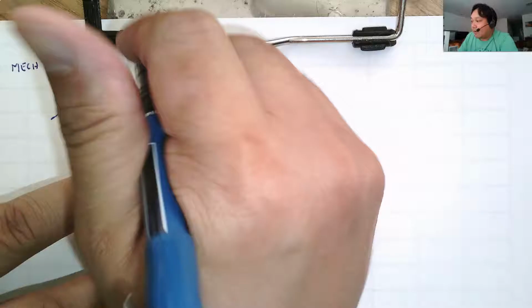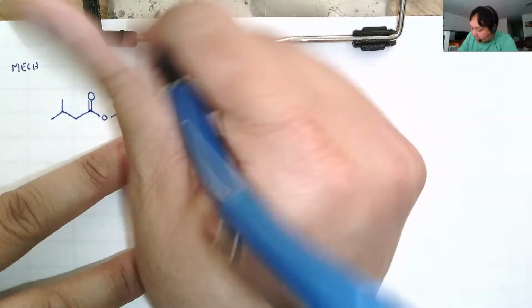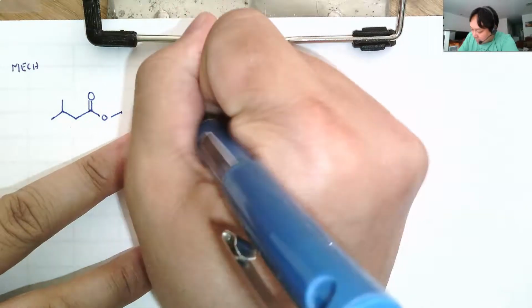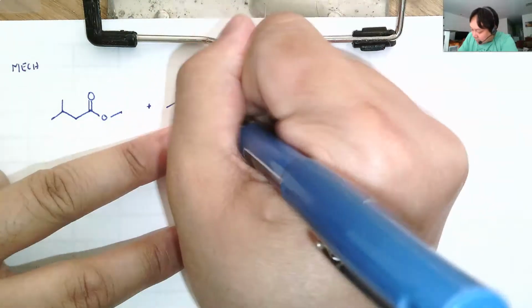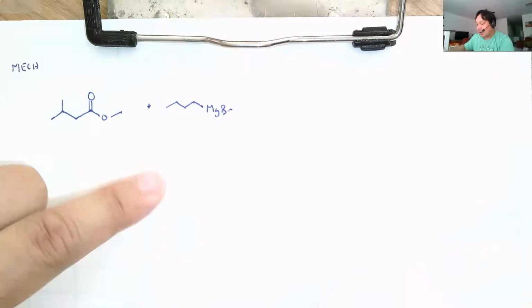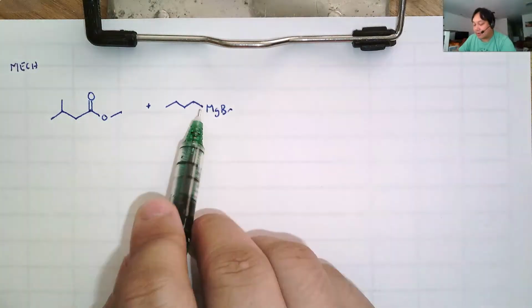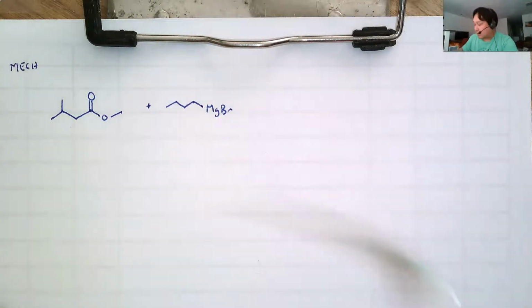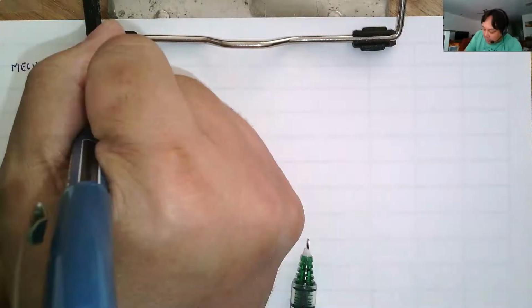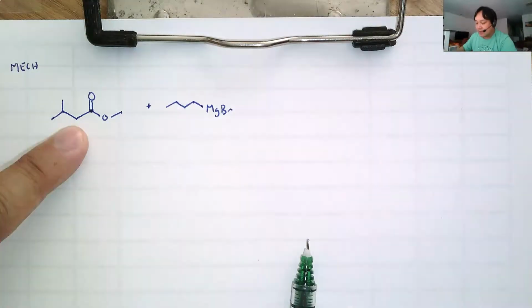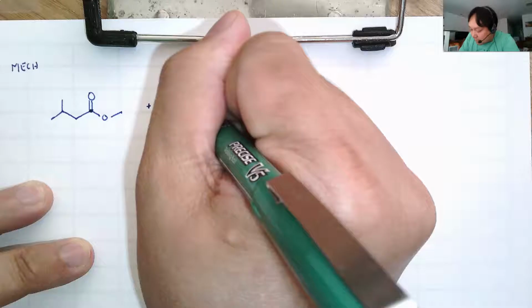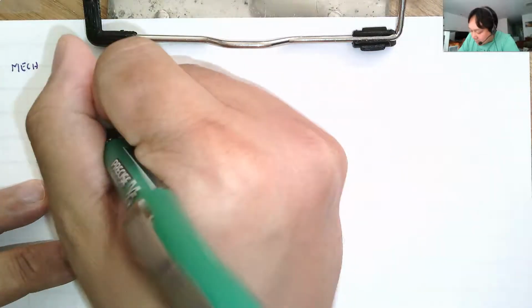How do we draw an arrow from the Grignard reagent? Here's your Grignard reagent. Remember, it's this carbon that's nucleophilic, the carbon next to the metal. But to show the connection between that carbon and the carbon of the ester, you start from the bond and you attack.